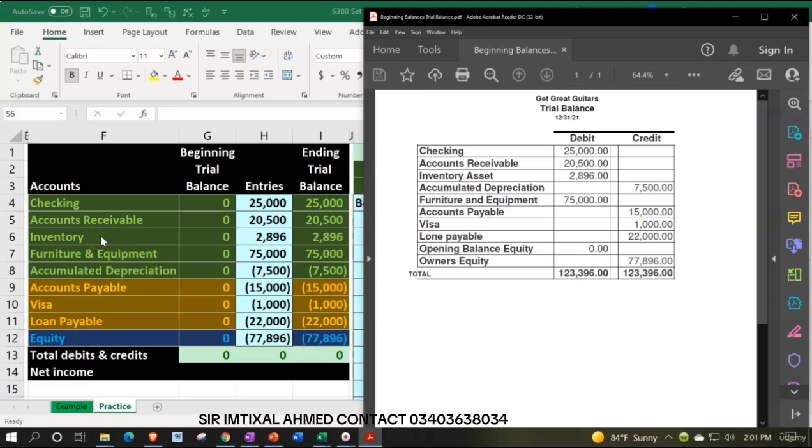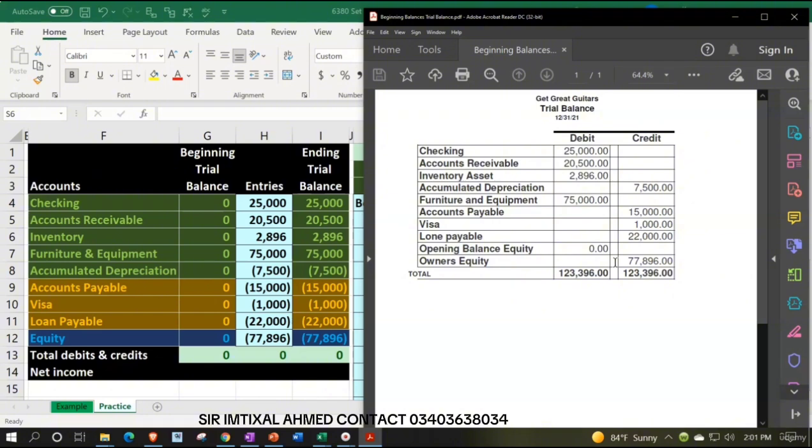But if you're making your own books from scratch and this is going to be your new accounting system, you'd like to then of course set up your accounts in the best way to do the data input. And normally that would be of course the furniture and equipment on top there generally, and then the 7,500 for the accumulated depreciation, the 15,000 for the accounts payable, the 1,000 for the Visa, the 22,000 for the loan payable, and then everything else washed out as we had predicted.